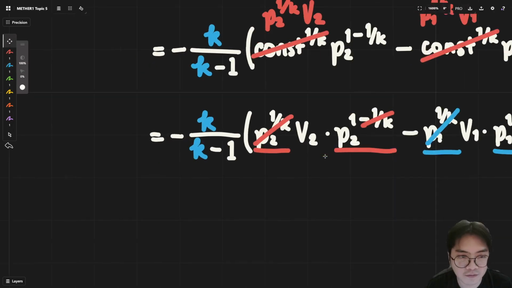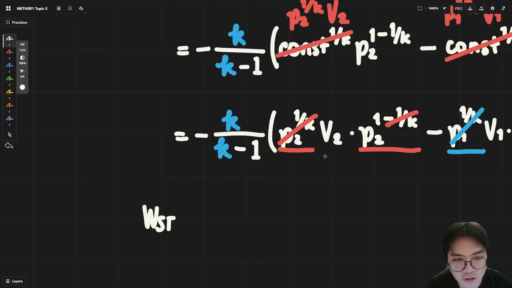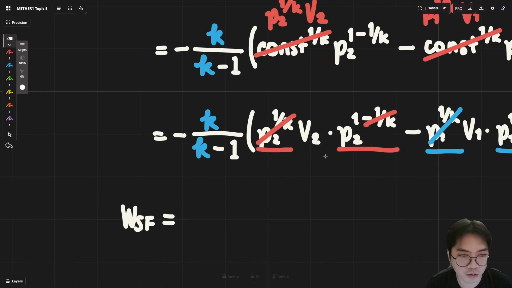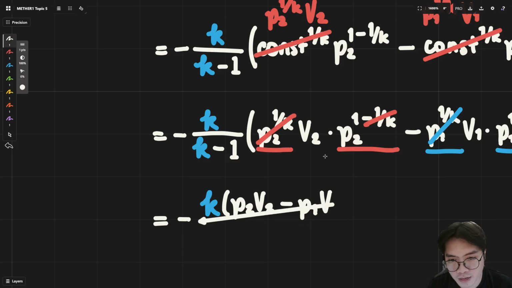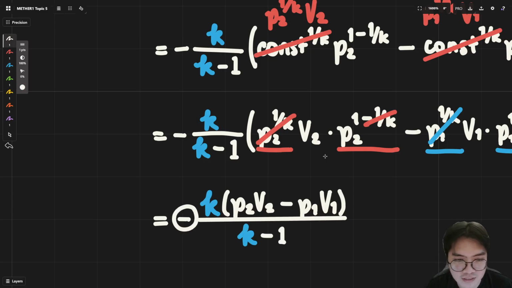And you will be left with the formula for the steady flow work, which is, oh, not yet. There's one final flourish: negative k times P2 v2 minus P1 v1 all over k minus 1. The final flourish is removing this negative sign.